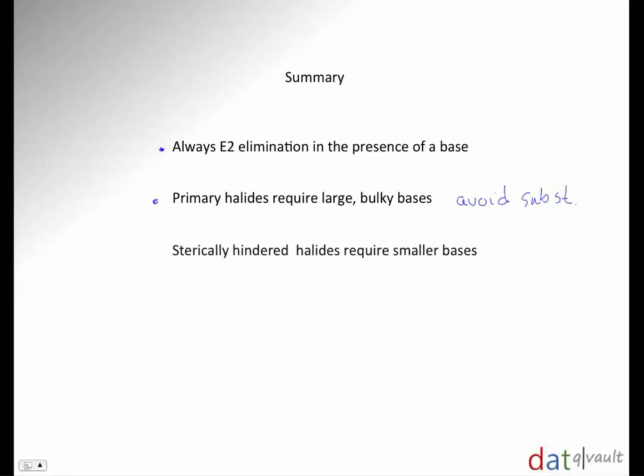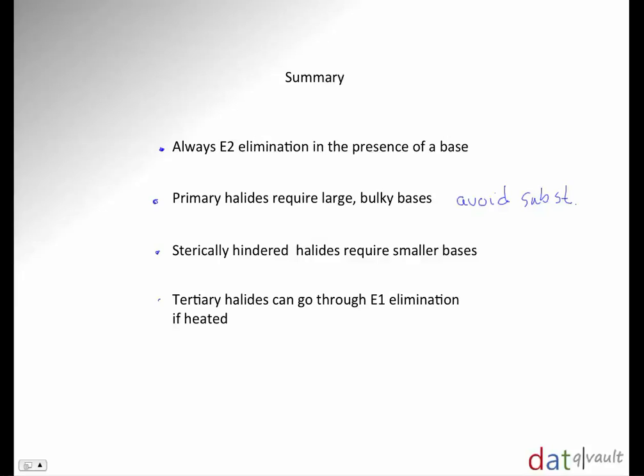And then sterically hindered halides require smaller bases to do the deprotonation, and a sterically hindered halide will not go under a substitution mechanism because it's, of course, too sterically hindered, and the smaller base can't get in there to do a displacement, so it in turn will just do an elimination reaction.